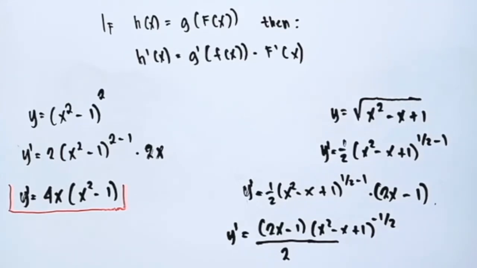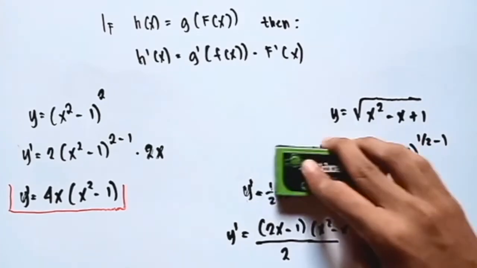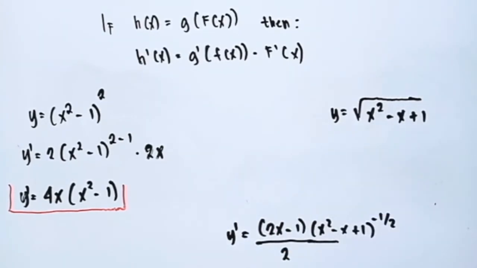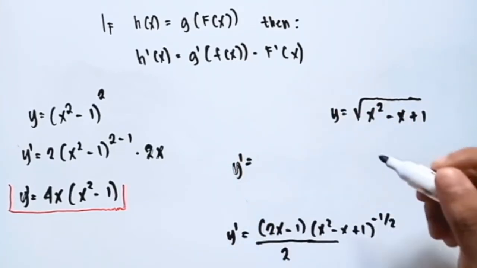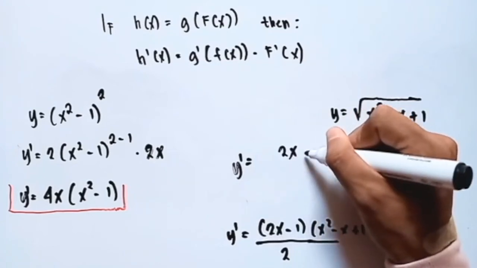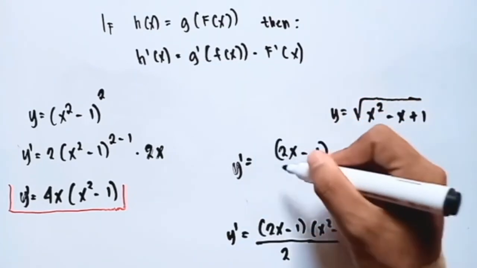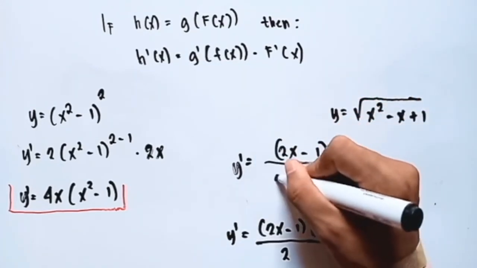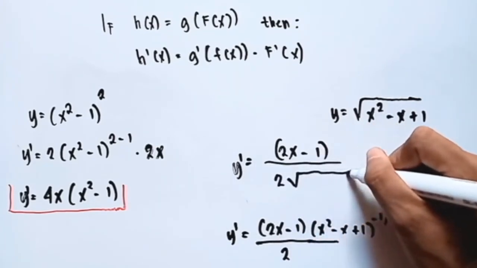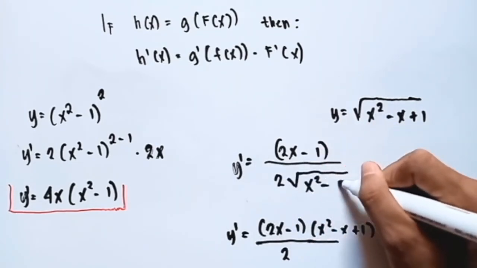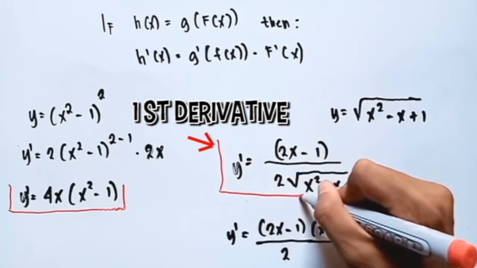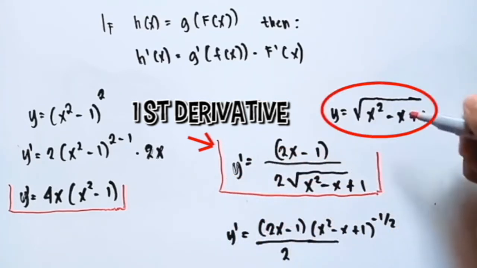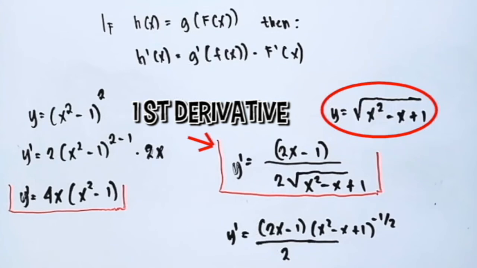So y prime is equal to 2x minus 1 over 2 square root of x squared minus x plus 1. Hence, this is the first derivative of the function y equal to the square root of x squared minus x plus 1.